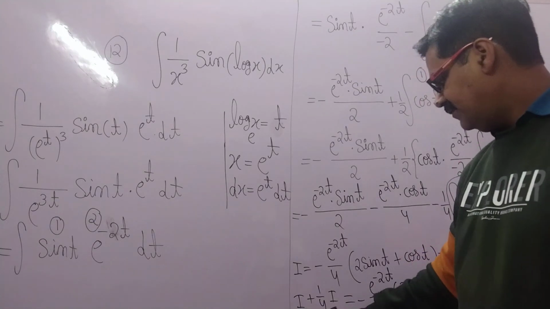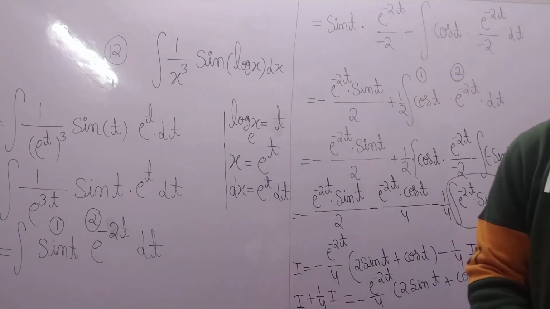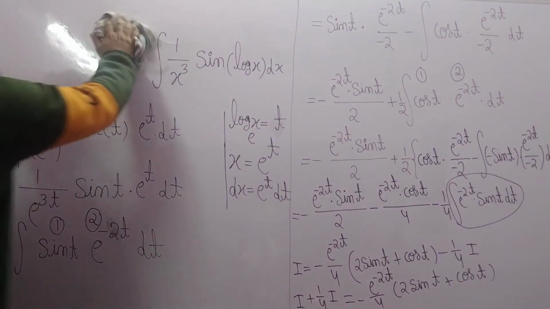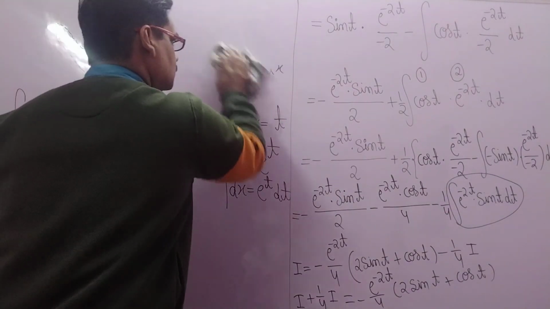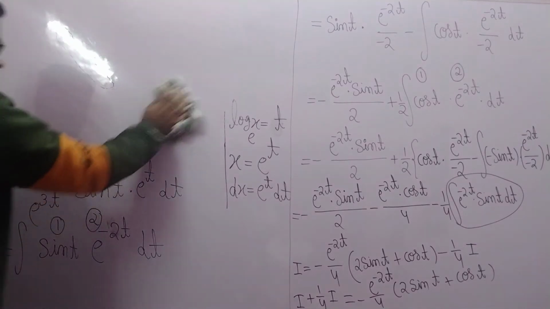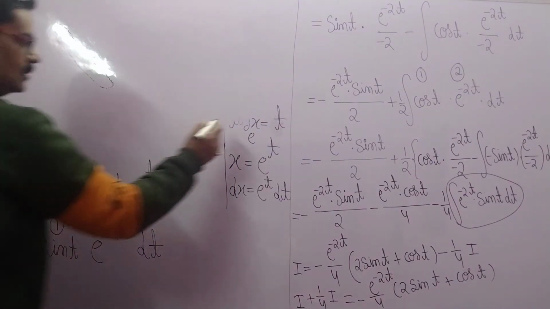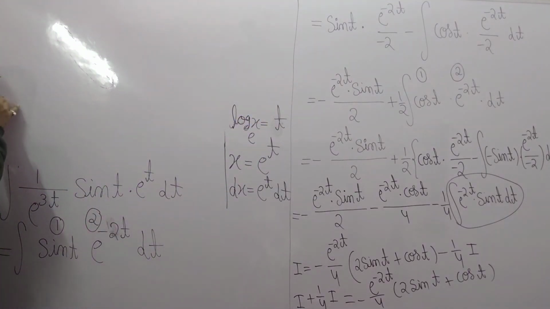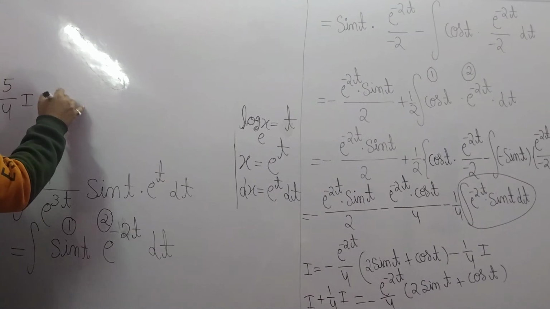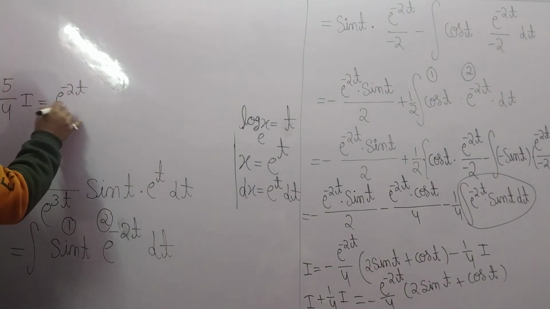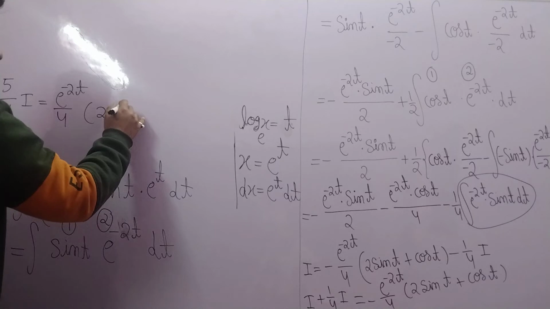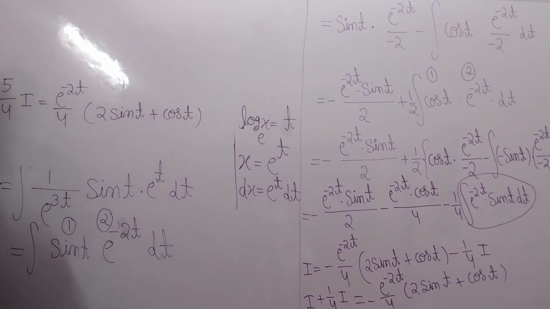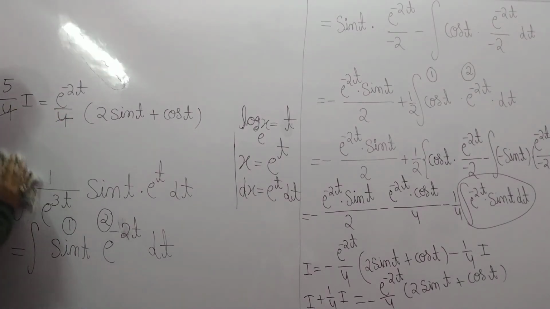I plus 1 by 4 I, 4 plus 1, 5 by 4 I. Now it becomes 5 by 4 I equals e to power minus 2t by 4, 2 sin t plus cos t. 4 cancels out from both sides.